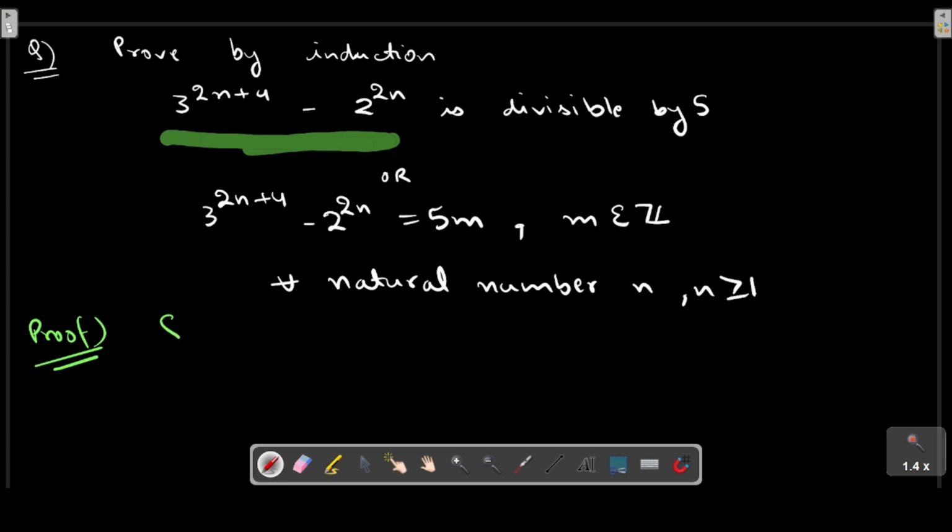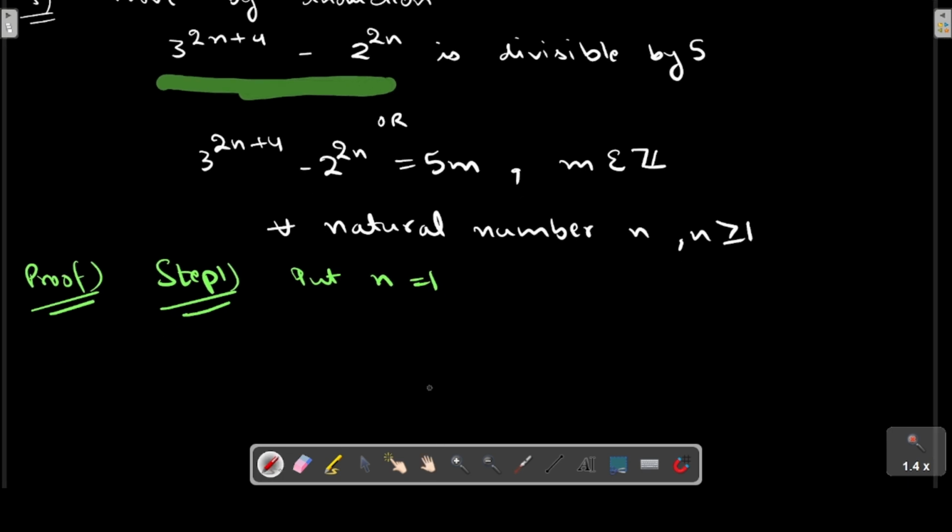Proof. Step 1. Put n is equal to 1. So what does it give us? 3 to the power of 2 times 1 plus 4 minus 2 to the power of 2 times 1.